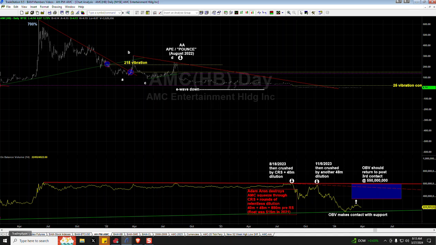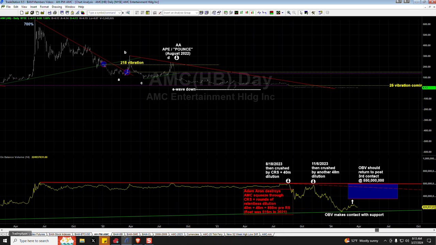So my little note right down here, 40 million plus 48 million equals 880 million shares pre-reverse split, and keep in mind, against a float that was 516 million. So this idea that shorts haven't covered or haven't covered anything is just insanity. I don't know where people are getting that from.